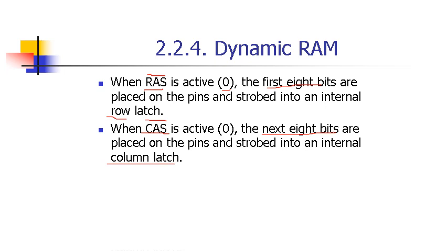So this 8 pins of the address is stored in a row latch, and these 8 bits of the column are again stored in what's known as a column latch. So the address of the row is latched and the address of the column is latched. So you can now read the cells inside this column, the data inside this column, which has been activated by the column and by the row.